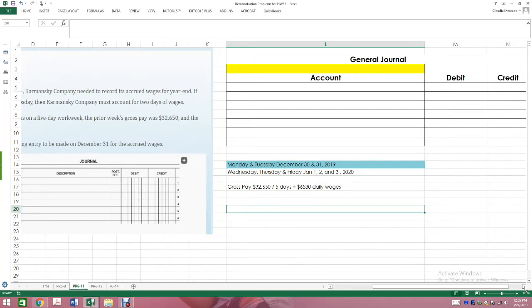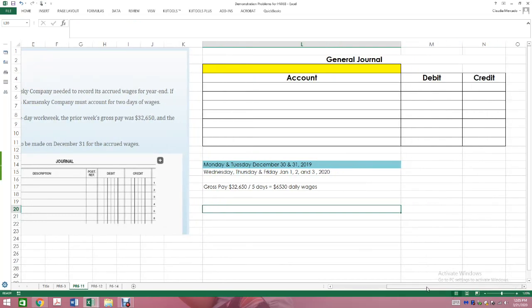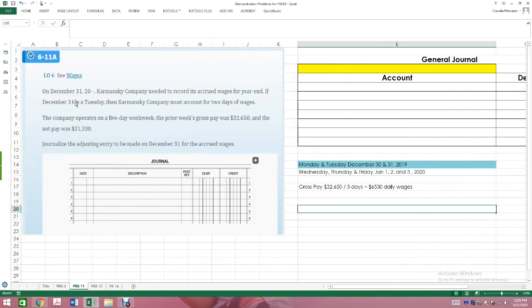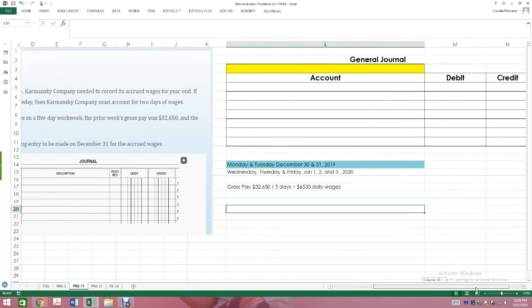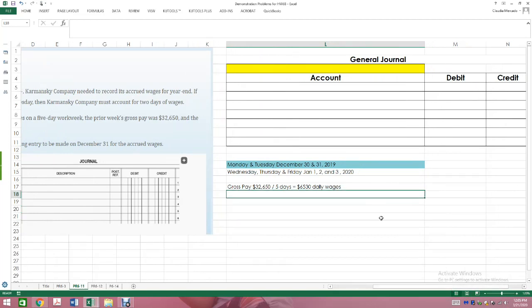So it says here that the last day of the year was on a Tuesday, so that means that they worked Monday and Tuesday in the year 2019, which is what I need to accrue for. So I'm going to get my daily wages, which are the 6530, and multiply by the 2 days of the current year.